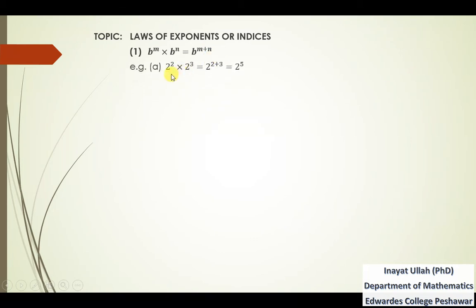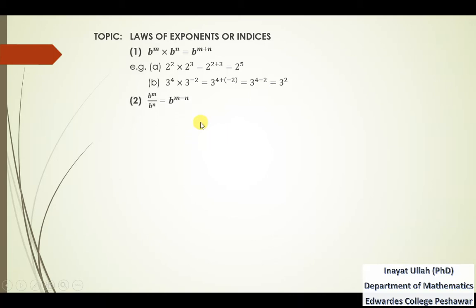For example, 2 power 2 multiplied by 2 power 3, we see that the base is the same, so the powers will be added, so that will become 2 power 2 plus 3, and 2 plus 3 is 5, 2 power 5. Similarly, 3 power 4 multiplied by 3 power minus 2, as the bases are the same, the powers will be added, so that will become 4 plus minus 2. Simplifying, plus into minus is minus, and 4 minus 2 is 2, so that is 3 square.